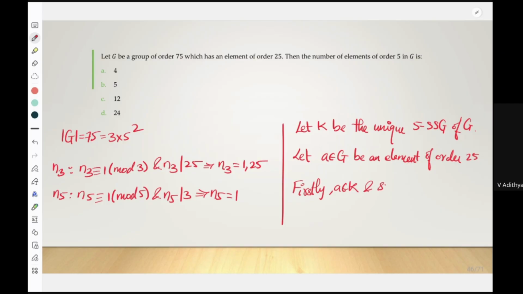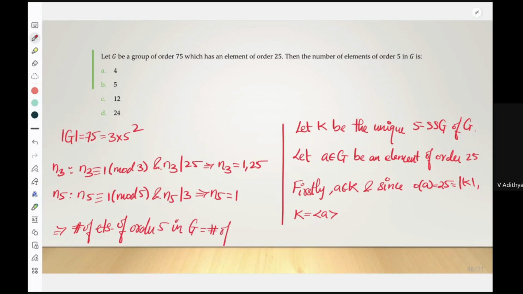And since the order of a, which is 25, is the order of the subgroup, K is cyclic. This implies the number of elements of order 5 in G is equal to the number of elements of order 5 in K. K is cyclic of order 25.